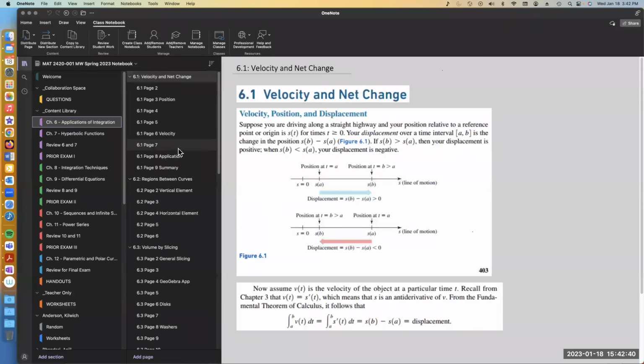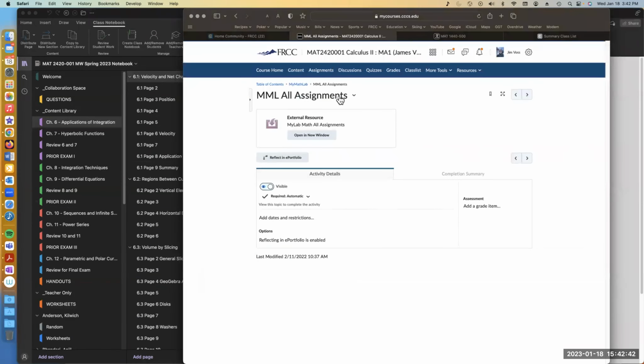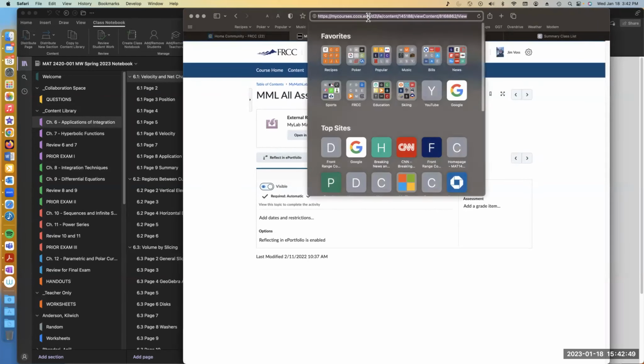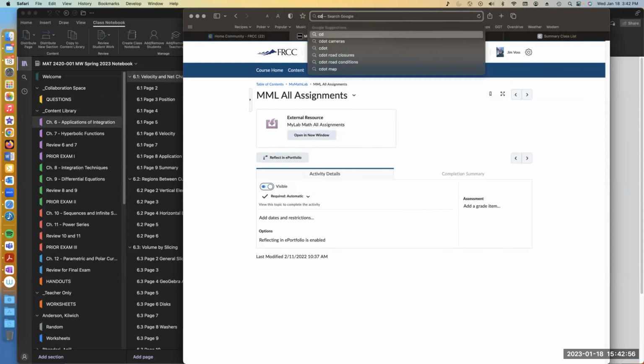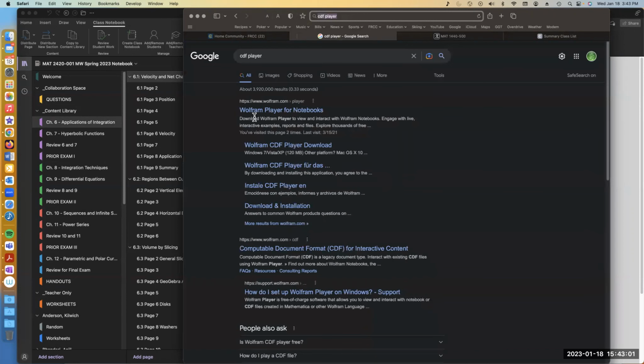If you search Google for CDF Player, made by Wolfram, you'll get the player you need to use the interactive textbook portion where you can slide sliders and whatnot.